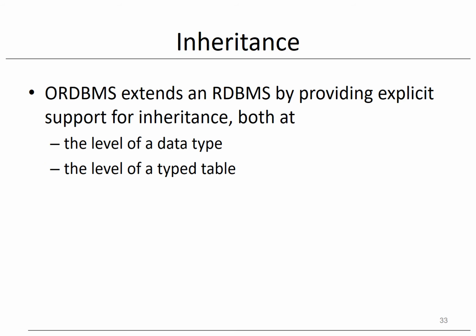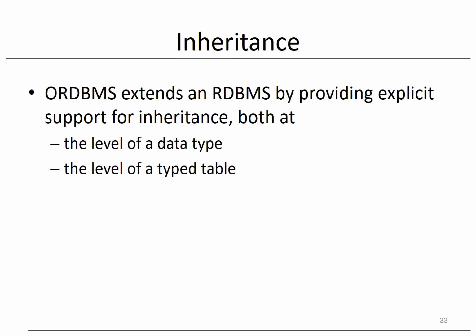The relational model is a flat model, since besides a primary-foreign key connection between tables, no other explicit relationships are allowed. Hence, no superclass-subclass relationships and thus no inheritance are supported.